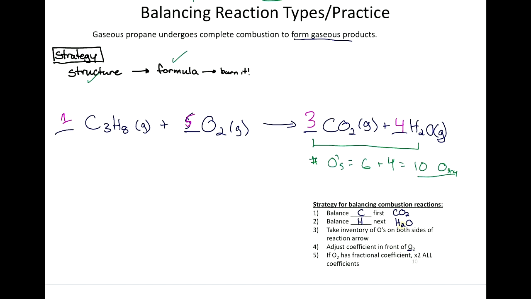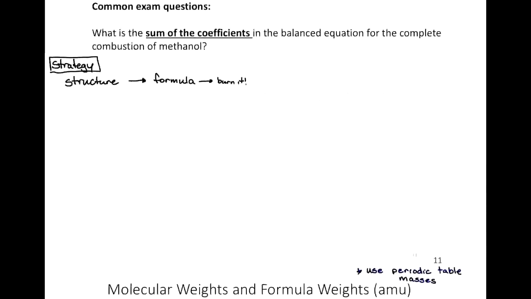So for this question, if we asked you, what's the sum of the coefficients in the complete combustion of propane, we would do 1 plus 5, so what is that? 6 plus 7, so is that 13? Yeah, so you would report 13 to make it like an exam type question, because it's hard to ask questions like this on a multiple choice exam.